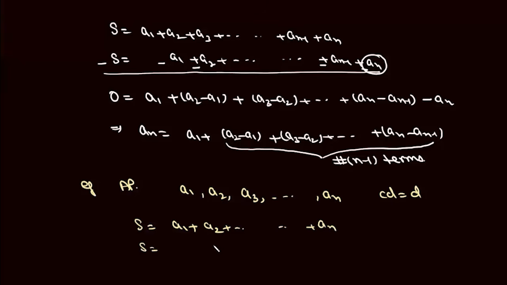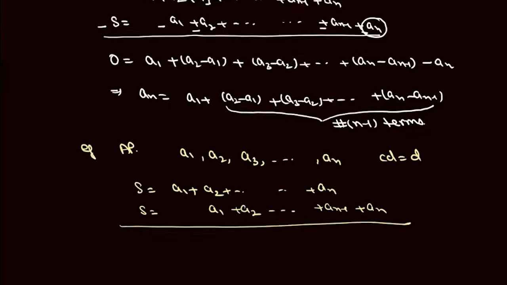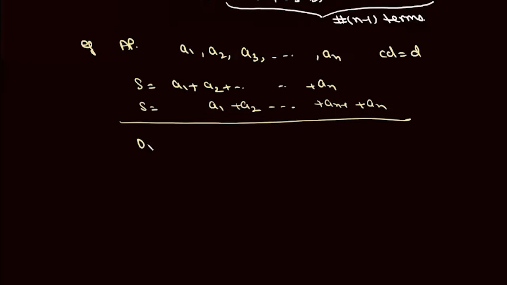We can again write this sum as A1 plus A2, and here will be this A(N minus 1) plus AN. Now if we subtract them, we can write 0. It will be A1 plus, now this is A2 minus A1, this is A3 minus A2, and this is A(N minus 1), and this is minus AN.